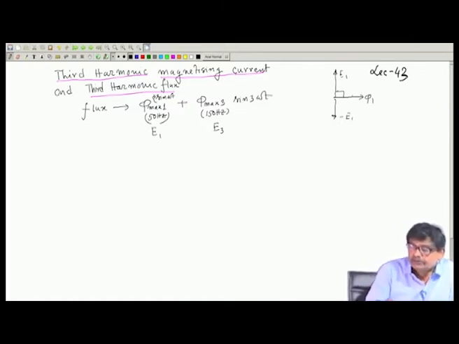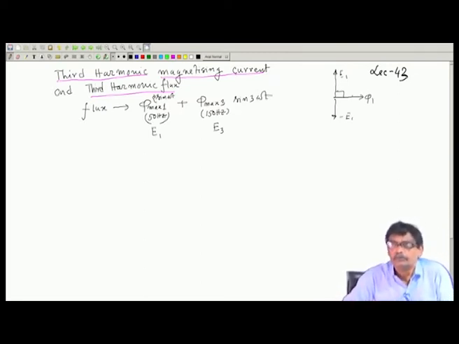So, let us try to sketch that flux and induced voltage waveform to understand whether this is really detrimental, because phase voltages in case of star star connection will have both fundamental and third harmonic component. How the resultant voltage looks with respect to time, that is the goal.